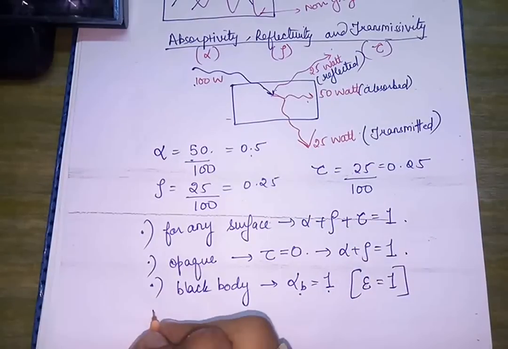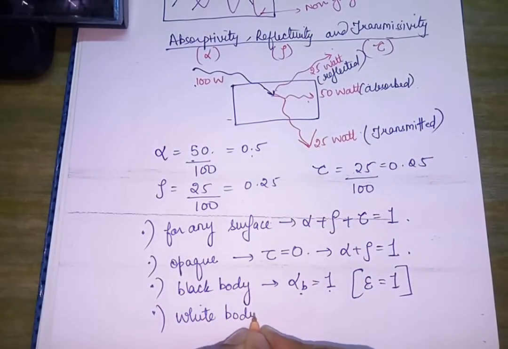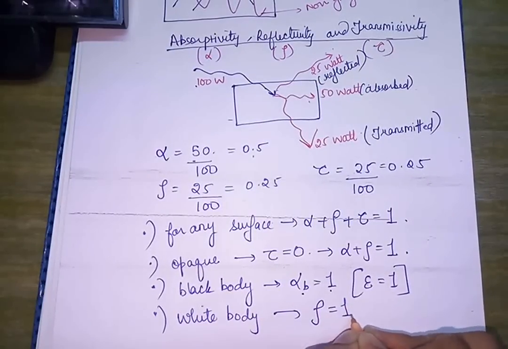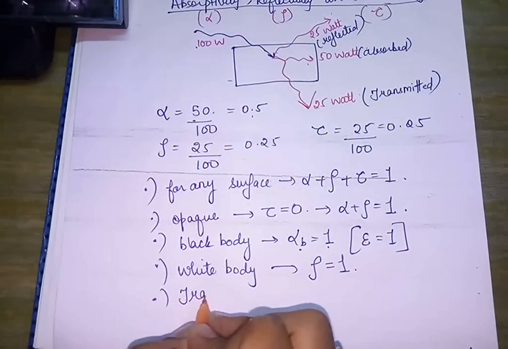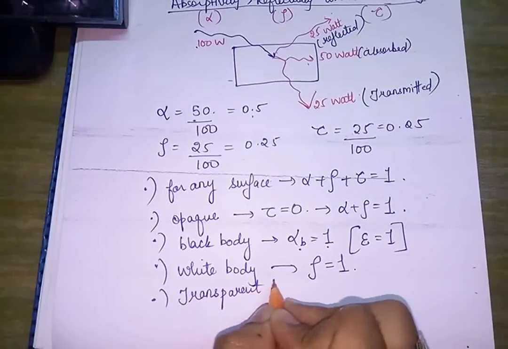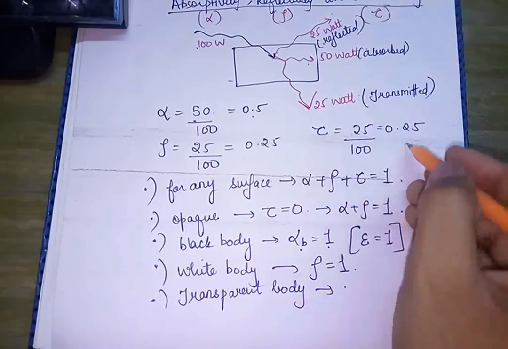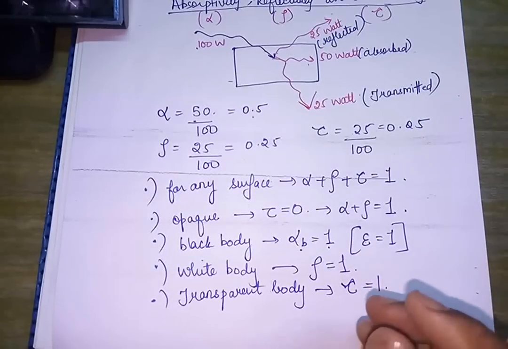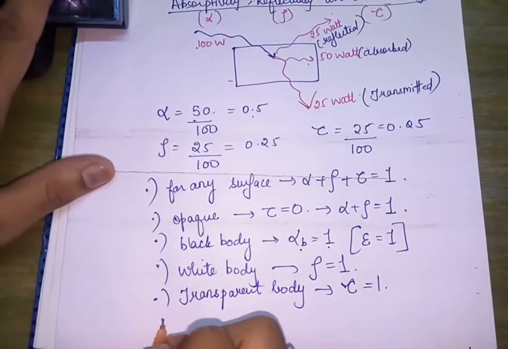A white body is one which reflects everything, so reflectivity becomes 1. A transparent body is one which transmits everything, so transmissivity equals 1.